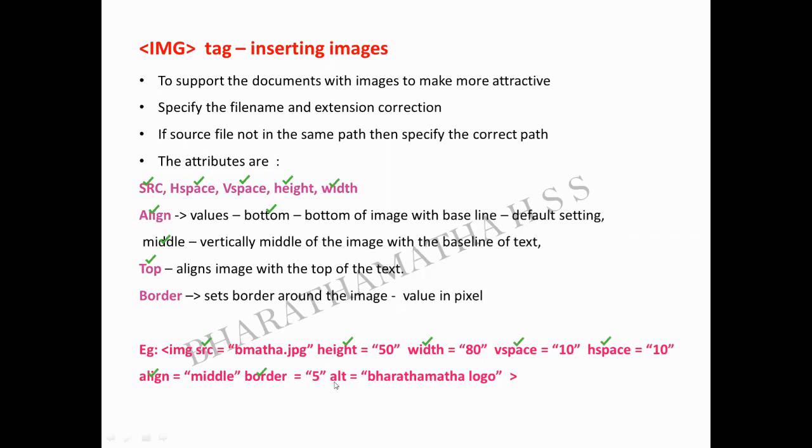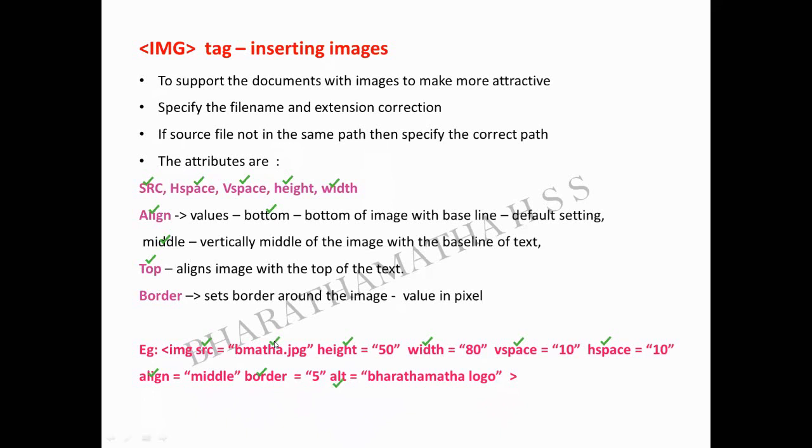Then one more attribute I have given over here is the alt attribute. Alt means alternate. Suppose the image you specified here is bharatmata.jpg, and suppose that file is not present in your system.